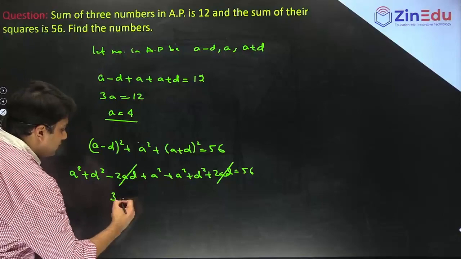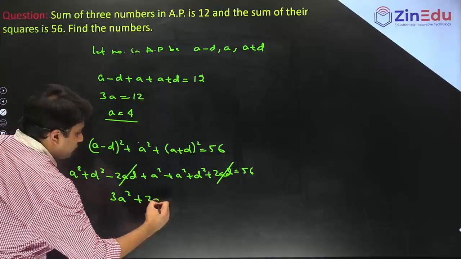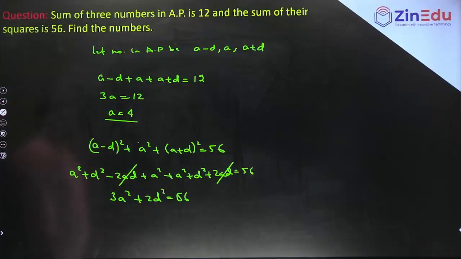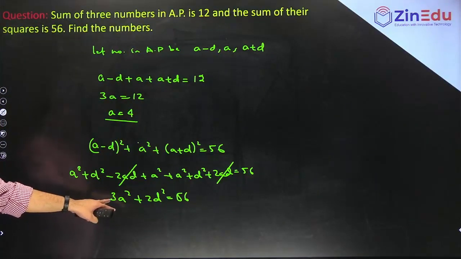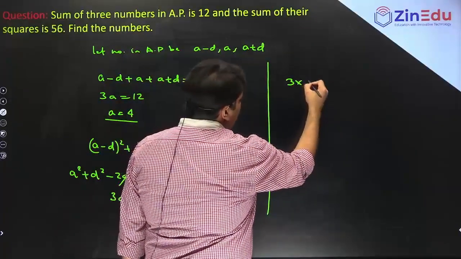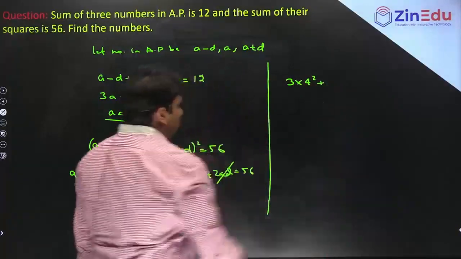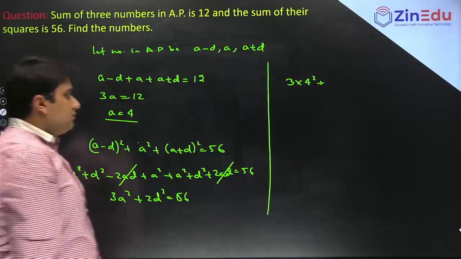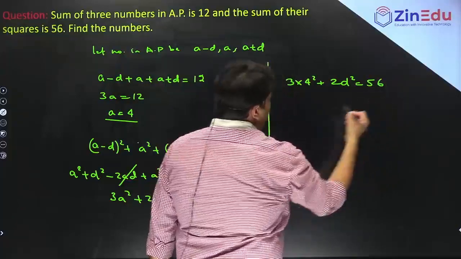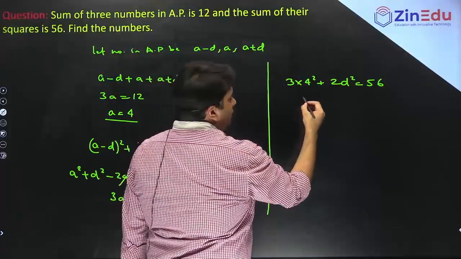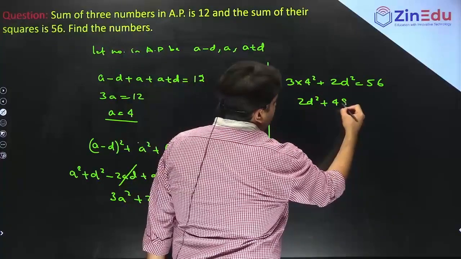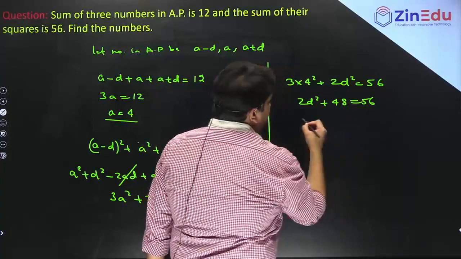So we are left with thrice a square plus twice d square equals 56. Now we have the value of a with us, so 3 into 4 square plus twice d square equals 56. So 4 square is 16, and 16 into 3 would be 48. So 2d square plus 48 equals 56.